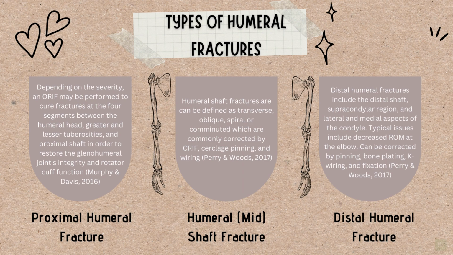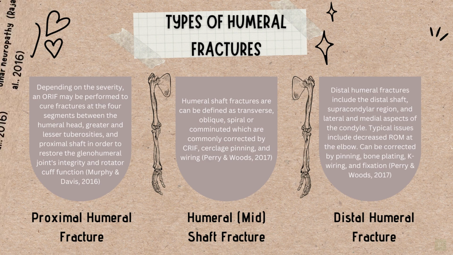The humeral shaft, so that's going to be like the mid part of your humerus. And like I said, sometimes that can be determined as transverse, oblique, or comminuted. And then lastly, we have the distal humeral, which I'm sure you can guess is going to be the distal portion of your humerus, which could include that supracondylar region and the lateral and medial aspects of the condyle.